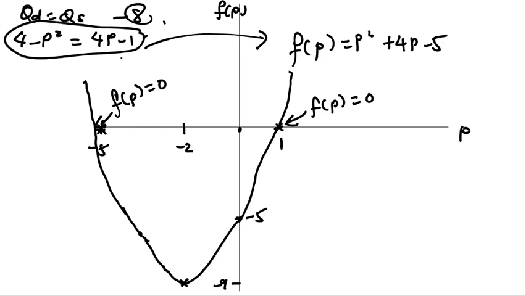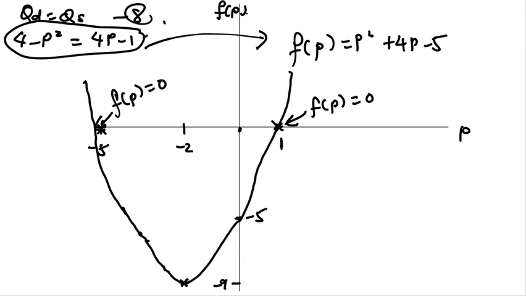But if we don't set that equal to 0, then FP can take any value. But if we set it equal to 0, then FP equals 0 only appears when P is equal to 1 and P is equal to minus 5. Now my main point is to show you that in mathematics, if you want to find equilibrium conditions of an economic study, there are many ways to do it.